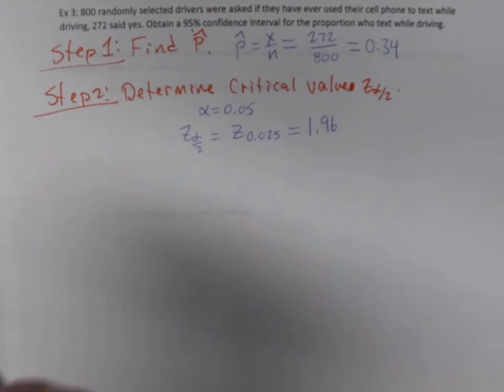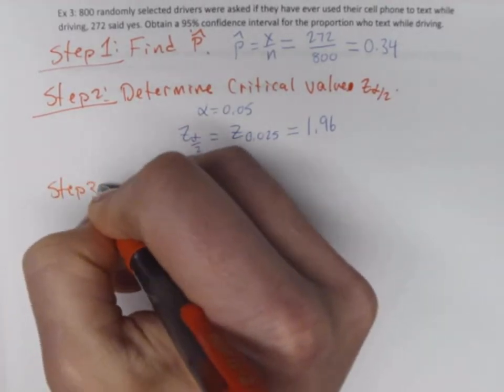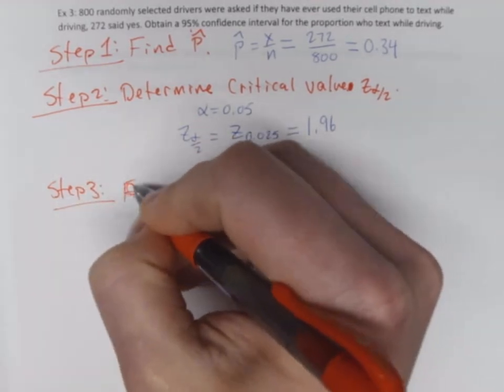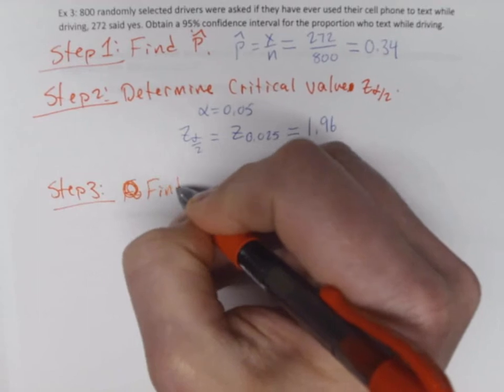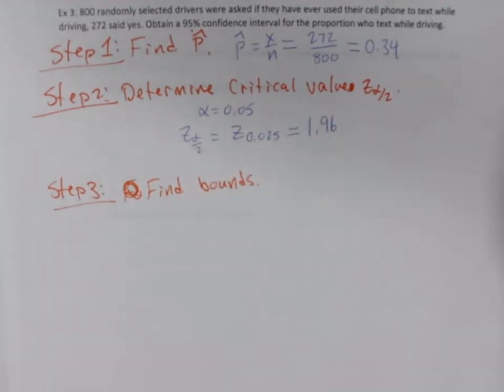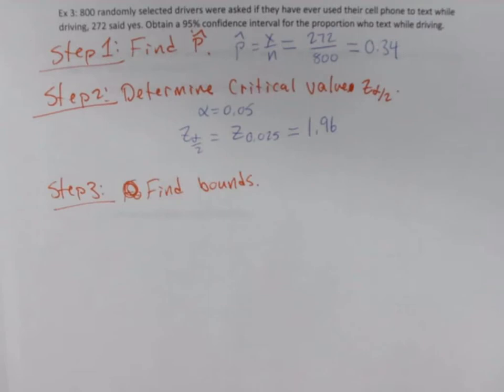Step 3, find bounds. I'm just abbreviating. This means find the lower and the upper bounds. Here we can start by finding the lower bound.